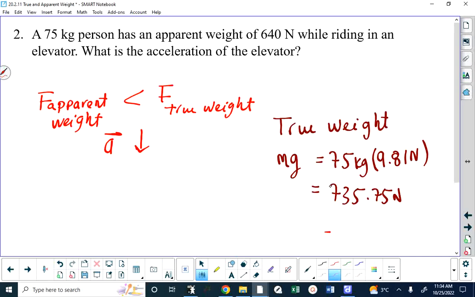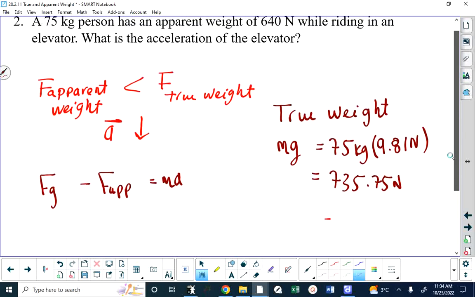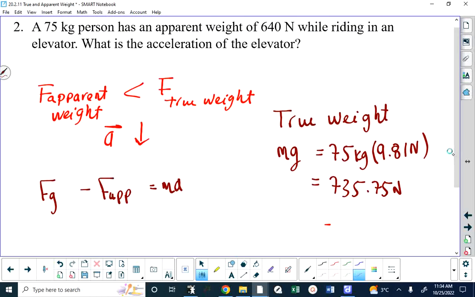So you're going to subtract the two numbers and set it equal to MA. And I suppose you could just blindly subtract them without thinking about which is up and which is down. But what's going on here is the applied force upwards taken away from the true weight equals MA. And we know all of this now. The apparent weight is 640. The true weight is 735.75. The mass is 75 kilograms.